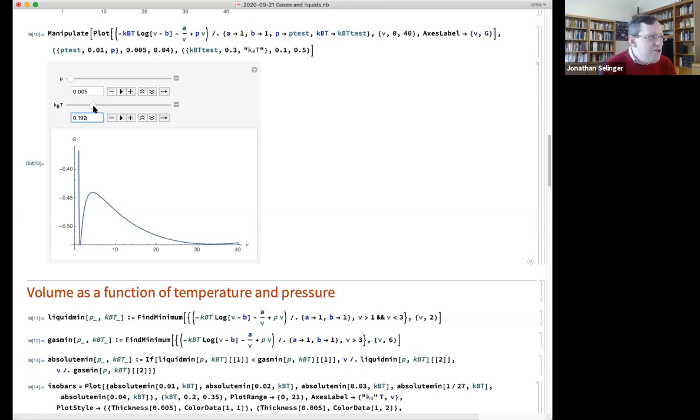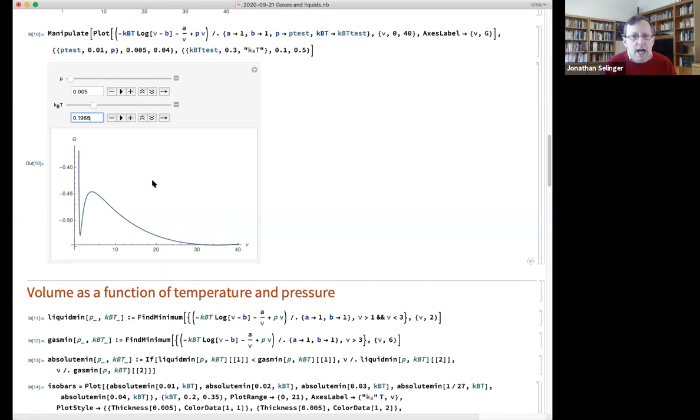So when we go from low temperature to high temperature, this is boiling, right? This is the low volume phase. The liquid changes into a high volume phase, the gas, right?